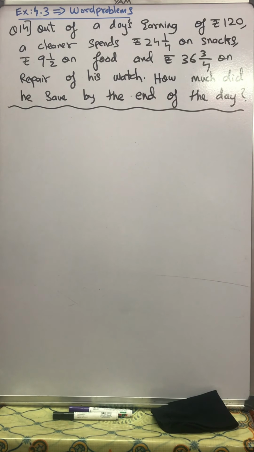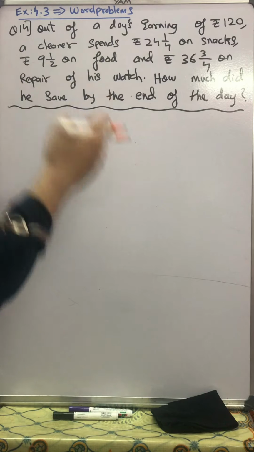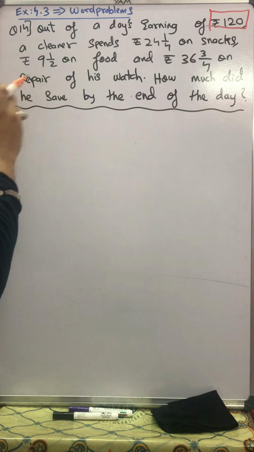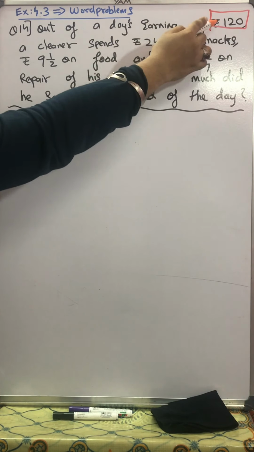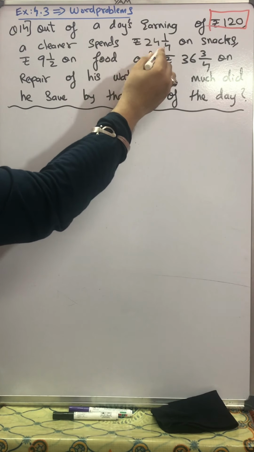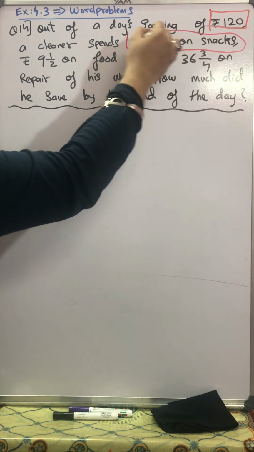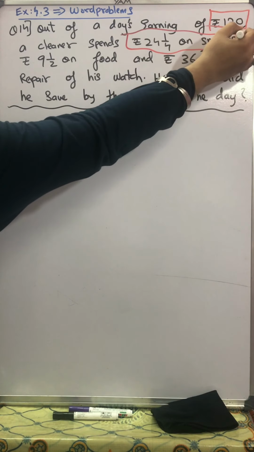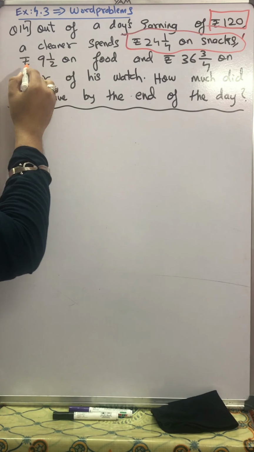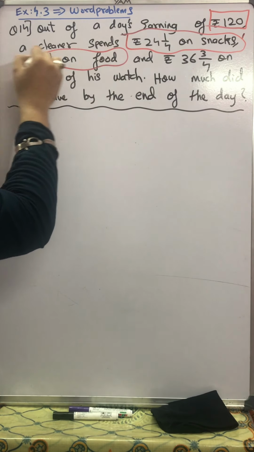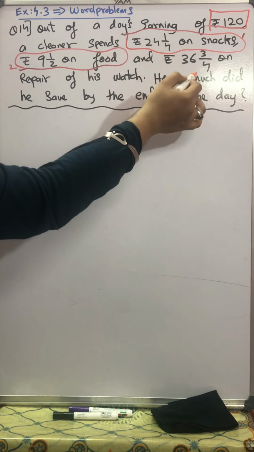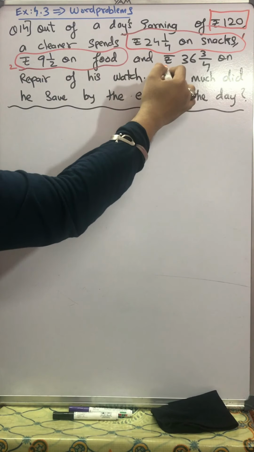This is the first expense of the cleaner, rupees 9 1/2 on food, the second expense, and rupees 36 3/4 on repair of his watch.